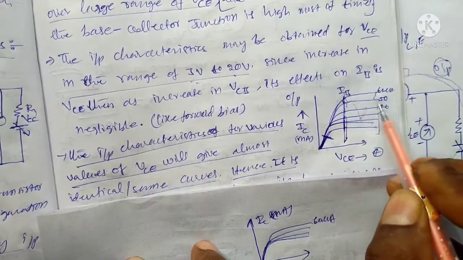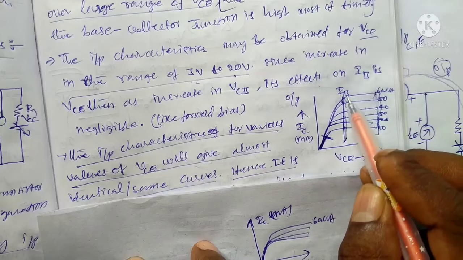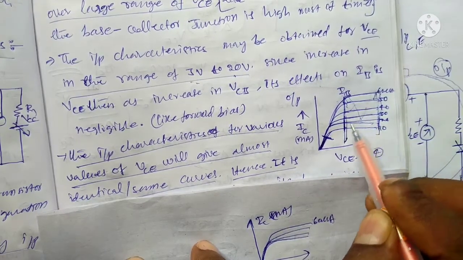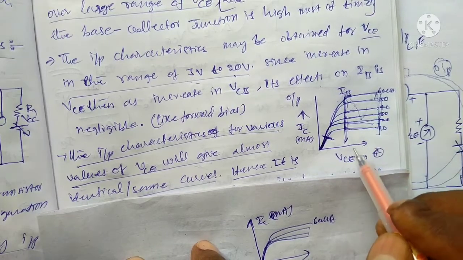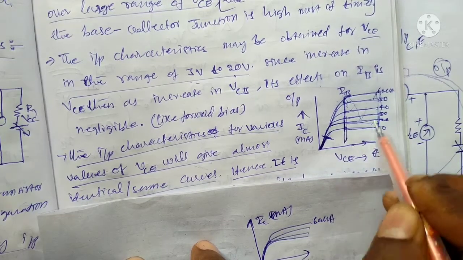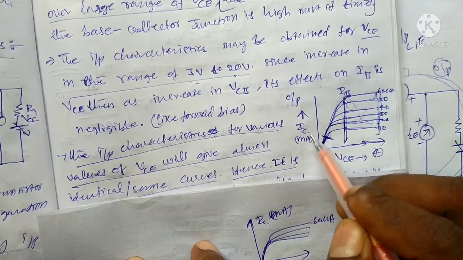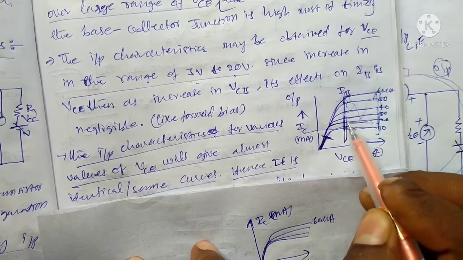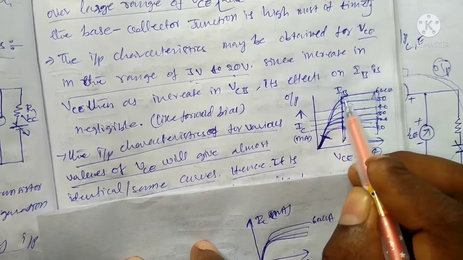There is no effect here. For base current 60, 50, 40, 30, 20, 10, VCE is the same for all values. But increasing the base current, the collector current increases like this.